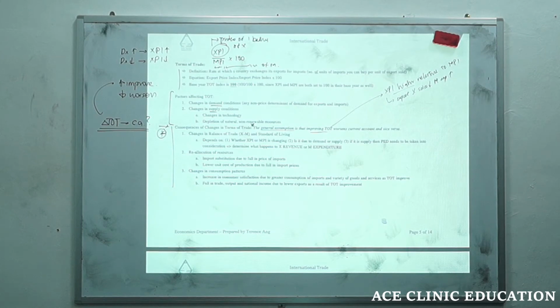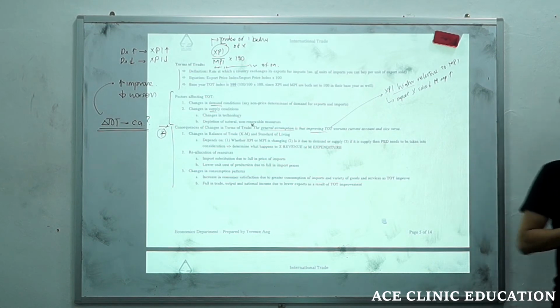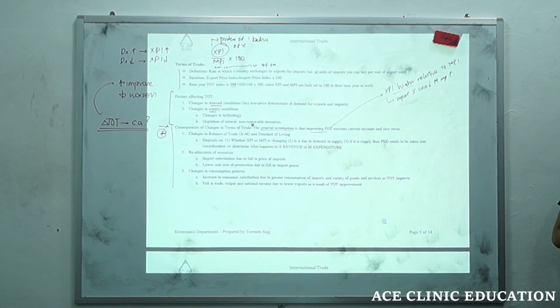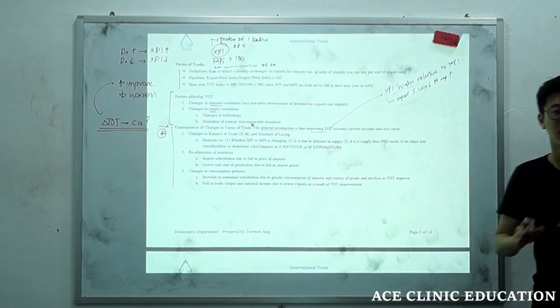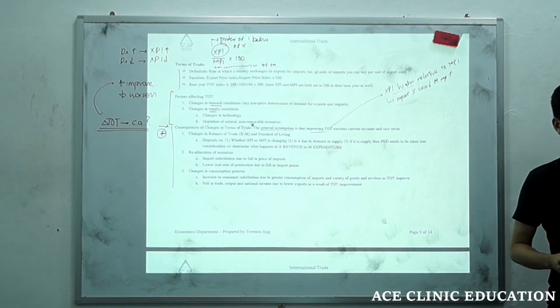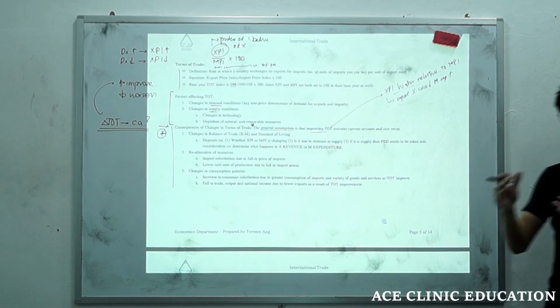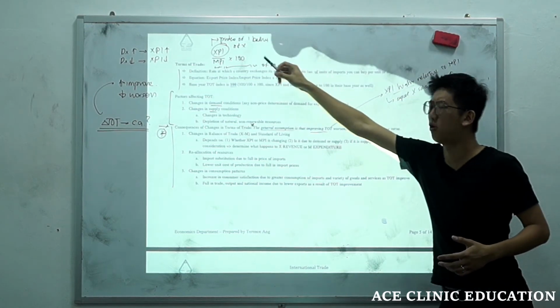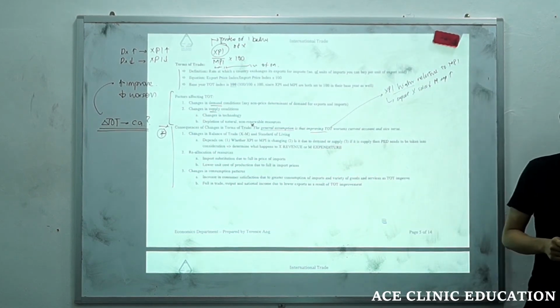And just be very careful here, okay? When we talk about appreciation, we always say, oh, exports become more expensive in foreign currency, and imports become cheaper to domestic. Don't do that. Here it's very simple. If the TOT is improving, you realize that you don't actually know whether it's a top change or the bottom change, but it doesn't matter.